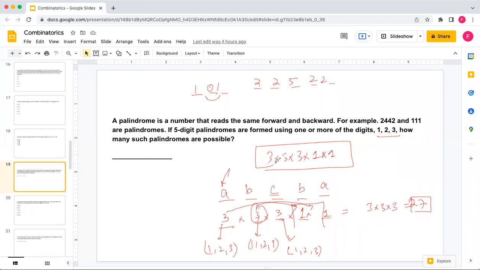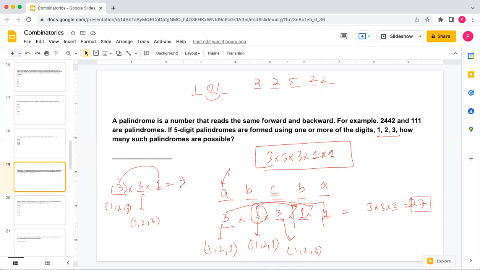And for example, the same question, if I ask you to make a 3-digit palindrome, what will that be? For the first one, 3 ways: 1, 2, and 3. For the second one, again 3 ways. But for the last one, this must be 1 way, because it is the same value which we chose for the first one.